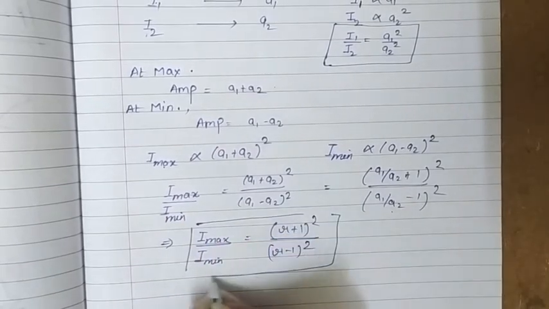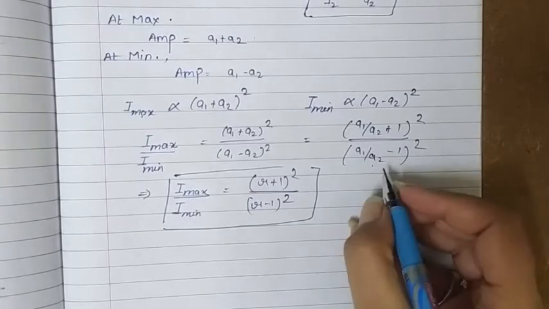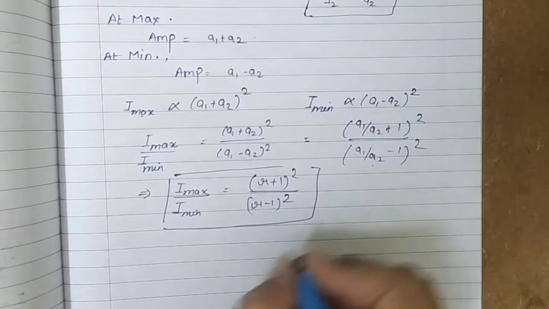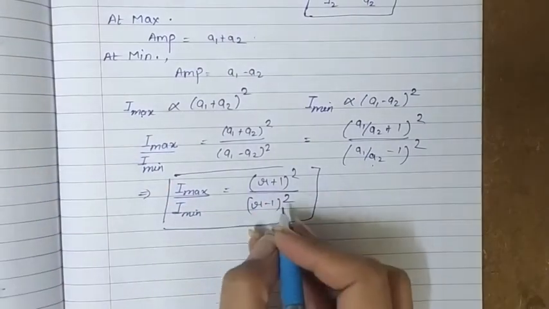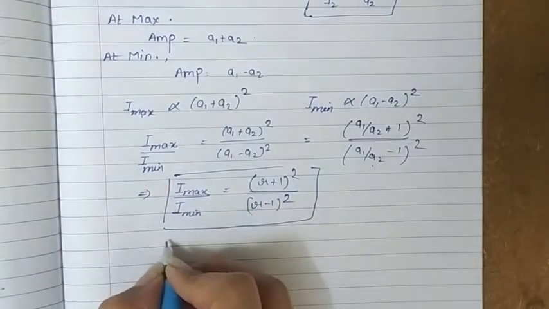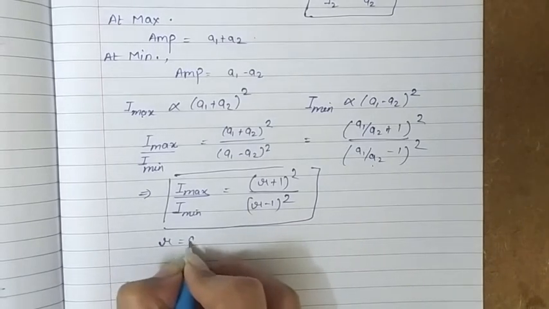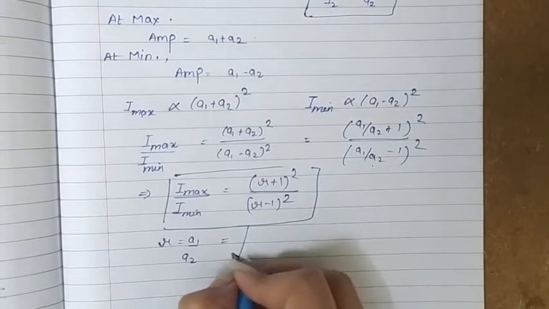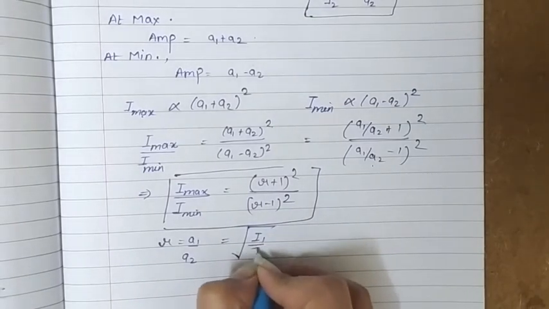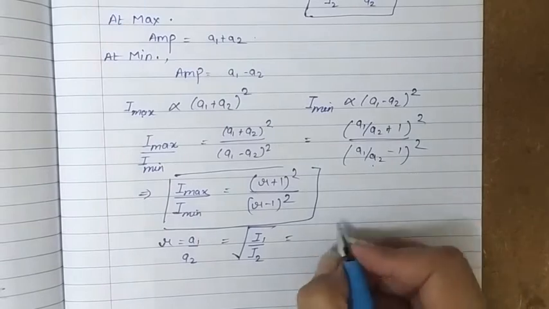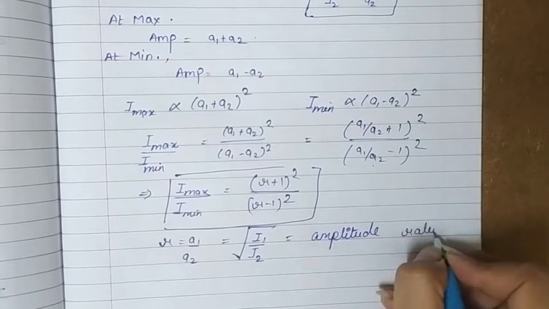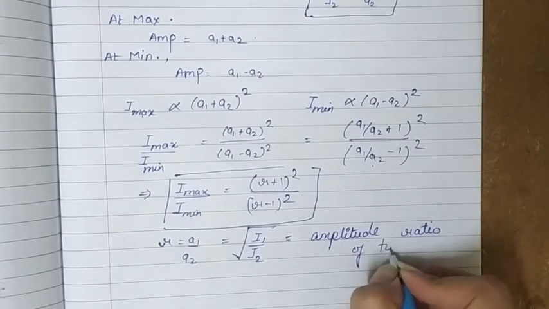Here R is the ratio of the amplitudes of individual waves, so R is equal to A1 upon A2, or we can write it as under root I1 upon I2, and we call it the amplitude ratio of two waves.